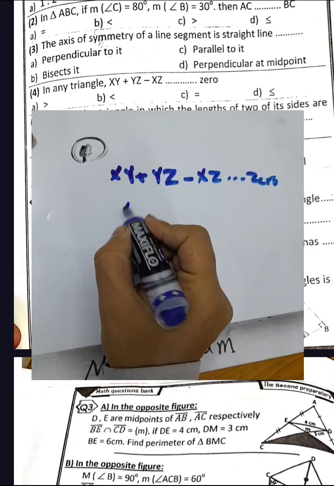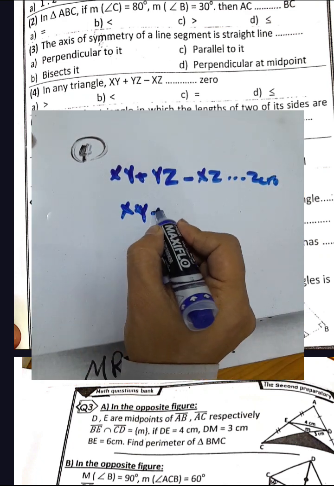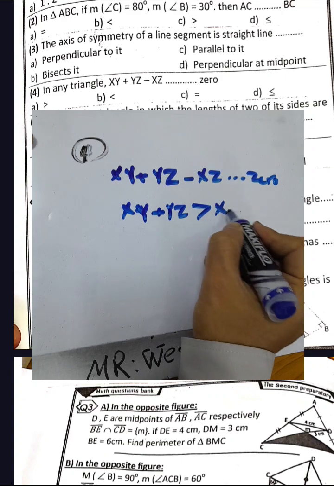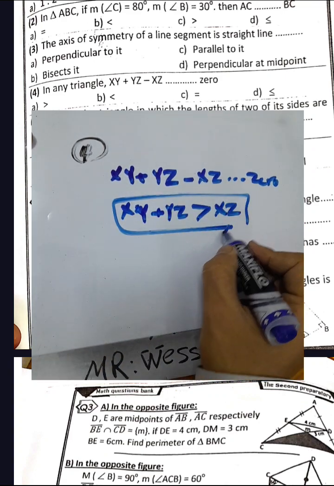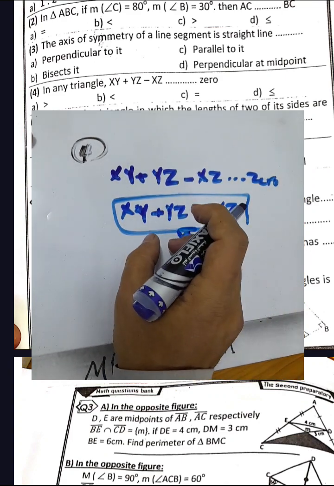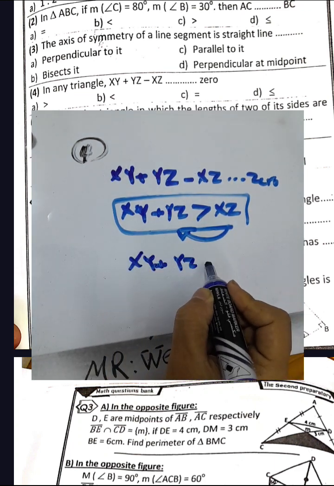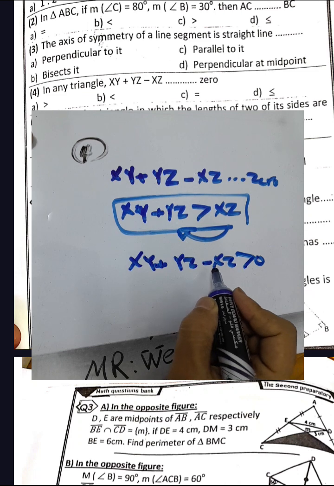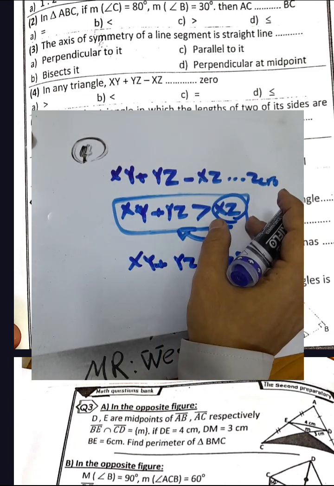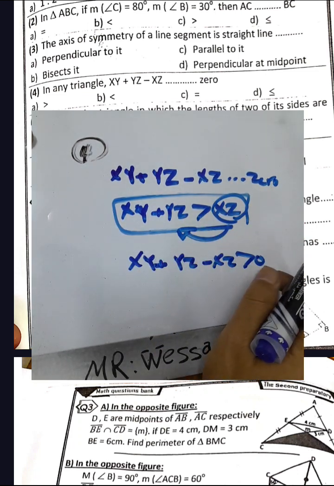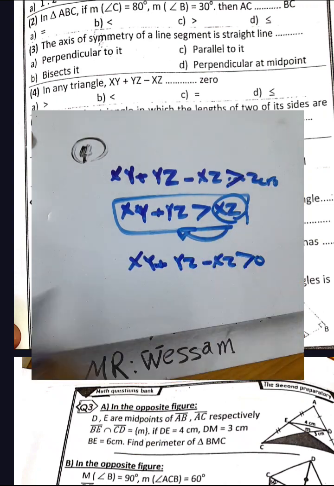We know in any triangle XY plus YZ is greater than XZ, and then if we move this side length to the left hand side, the result will be XY plus YZ subtracted by XZ greater than 0. You must add the additive inverse of XZ here and here. XZ minus XZ will be 0. Then the result will be greater than 0.